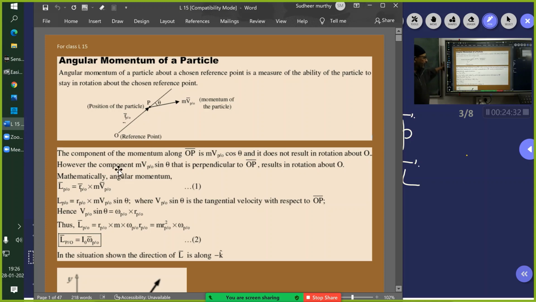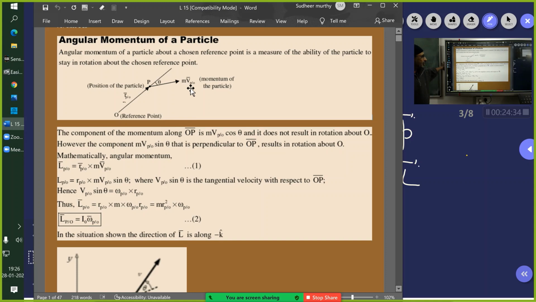Anyways, to begin with, now M V P. So here is the velocity of the particle P with respect to O. That is also very clear, because to say what is the velocity of the particle with respect to O, that is also designated like this.